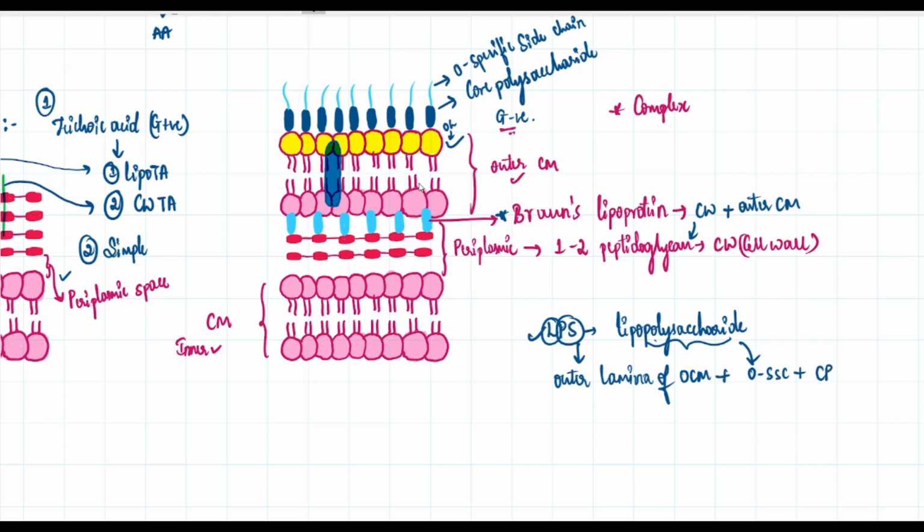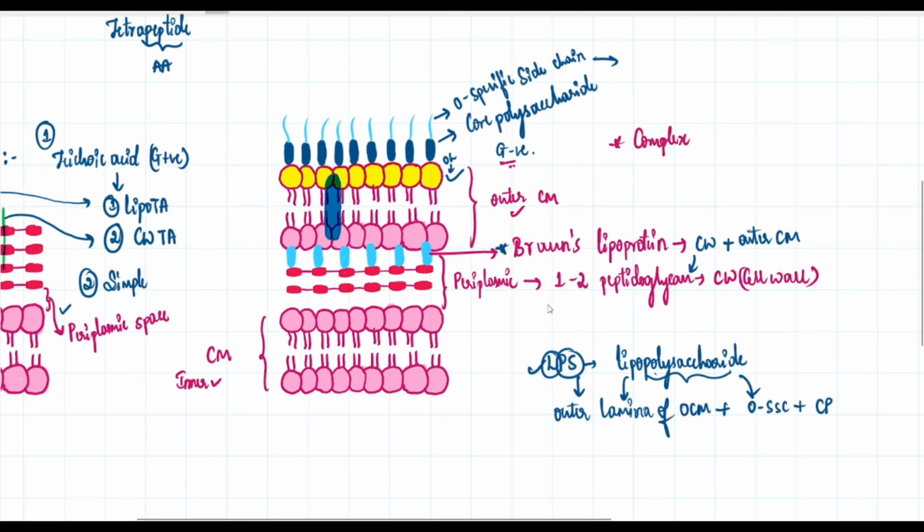The lipid component is the outer lamina of the outer cell membrane. The lipid component of the lipopolysaccharide is the outer lamina of the OCM, and the polysaccharide component is the O-specific side chain and core polysaccharide. The function of the O-specific side chain or antigen is the production of antibodies if humans are exposed to it.